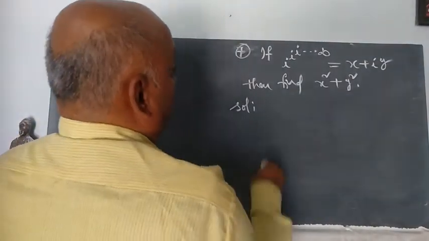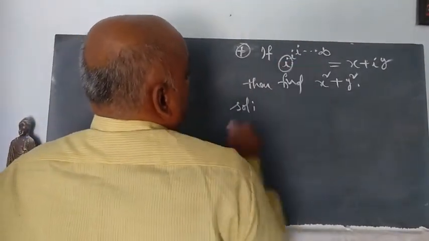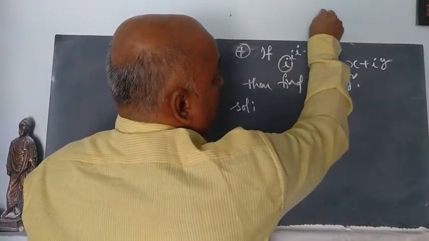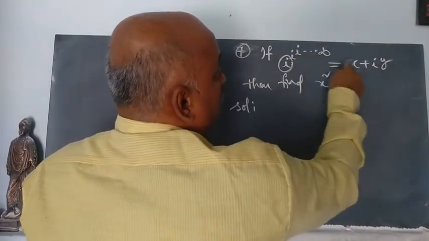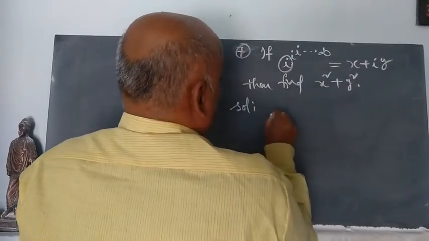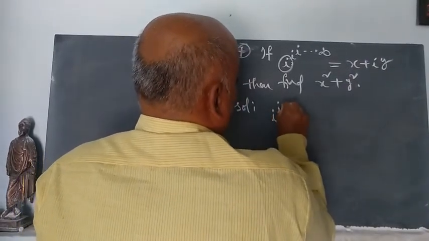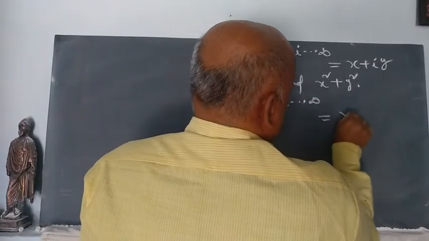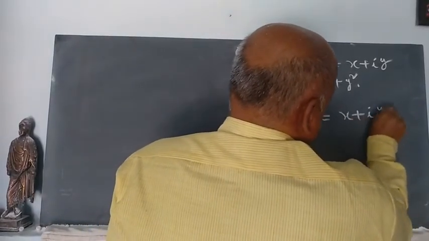Suppose if I ignore the base, again it is i to the power of i and so on, which is equal to x plus iy. So i to the power of i to the infinity is equal to x plus iy.